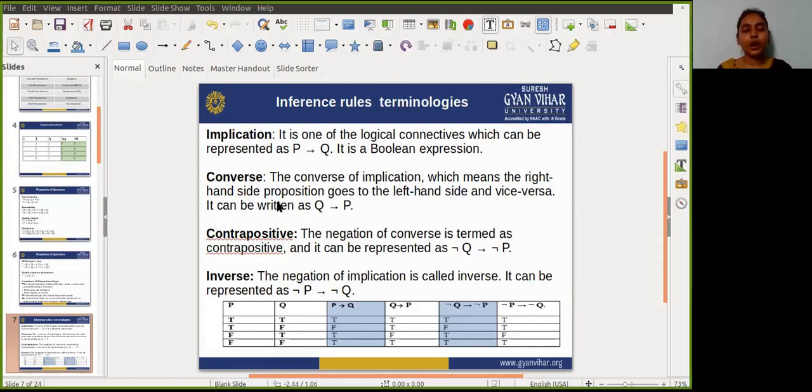And the next one is inverse. The negation of the implication is called inverse, and it is represented as negation of p implies negation of q.